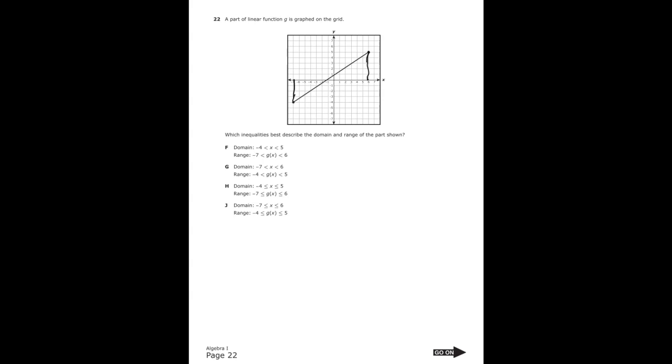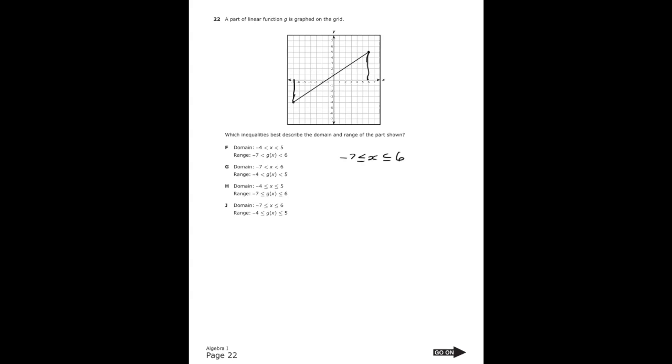Because you have this filled in circle, you're going to say that you have from -7 all the way to 6. So your domain is going to go from -7 all the way to 6.